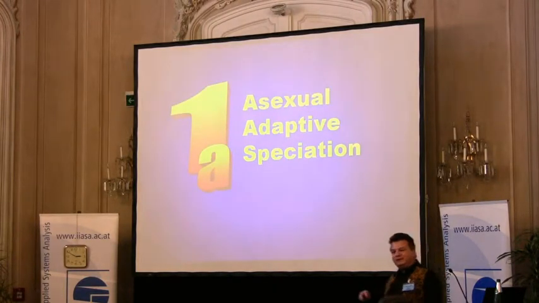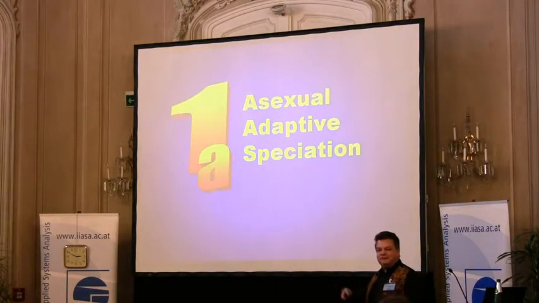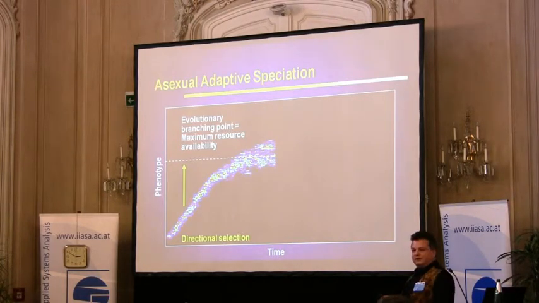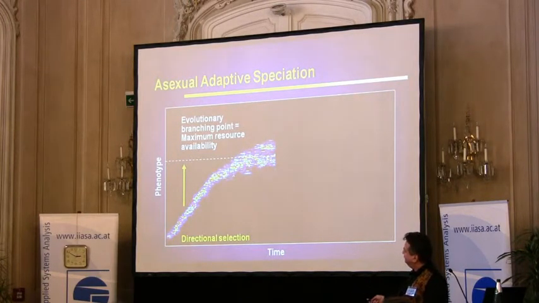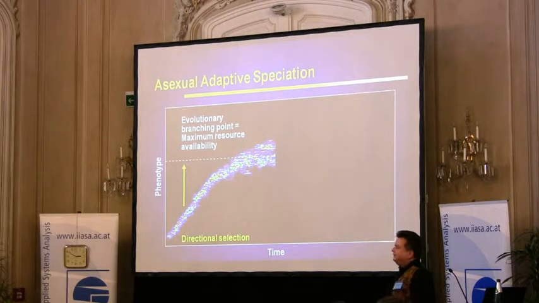Okay, now I quickly unfold this into the 3 dimensions, asexual, sexual, spatial, without going into too much detail. So an asexual population can be implemented in a model very easily with phenotypic models, individual-based. Here you have the time axis, there you have the phenotype. This colored cloud indicates the density of individuals in phenotype space, and you see that first the population converges to the maximum of the resource distribution, to the maximum of the green curve.